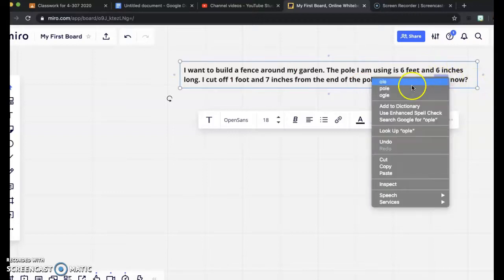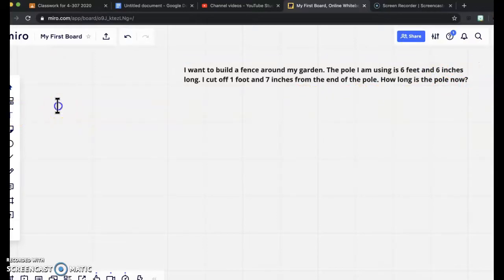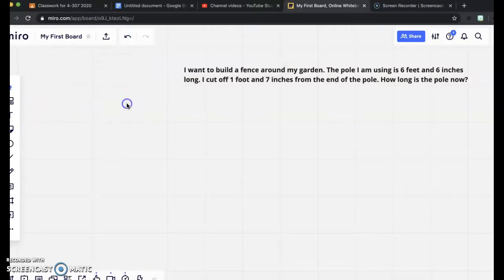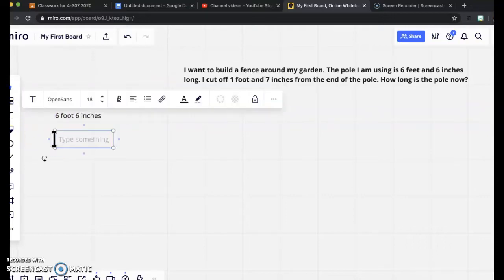Now you might be saying, this does not look like a conversion problem. This looks more like a subtraction problem. Well, let me show you why it is a conversion problem.